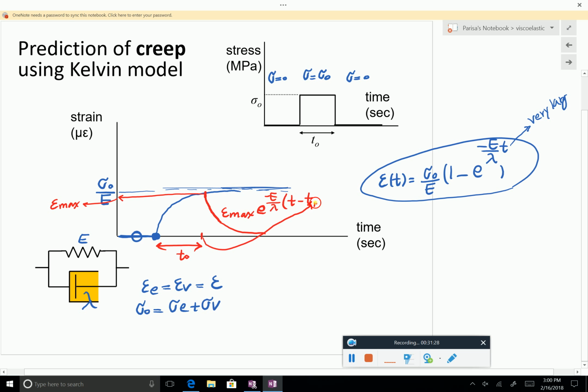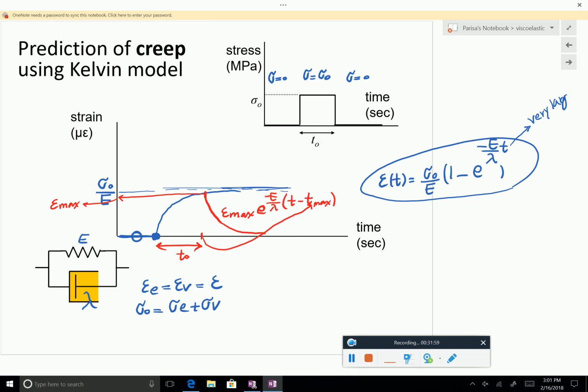I call it t max. It's going to exponentially relax. And eventually it's going to completely recover, because remember, the spring and dashpot have to have the same strain. If you wait long enough, the spring wants to bring everything back to 0. So you are going to go back to 0.